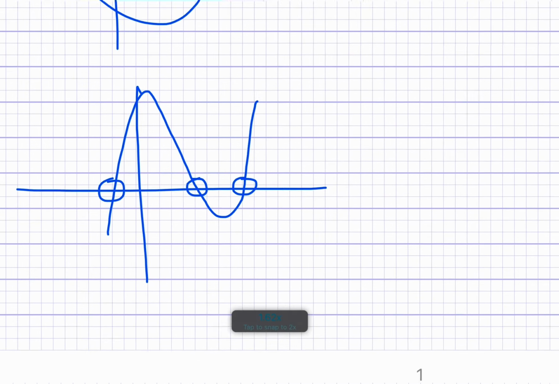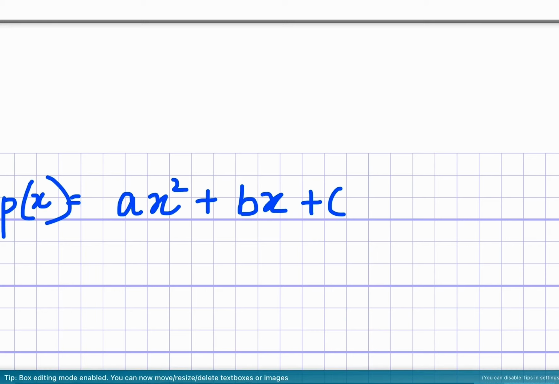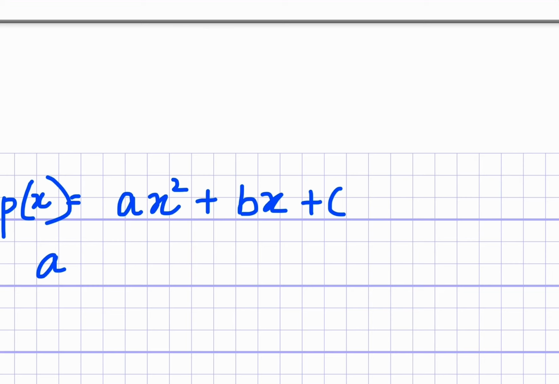Now, the relationship between zeros and the coefficients. For example, the quadratic polynomial. The standard equation for the quadratic polynomial is ax square plus bx plus c, where a is not equal to 0.